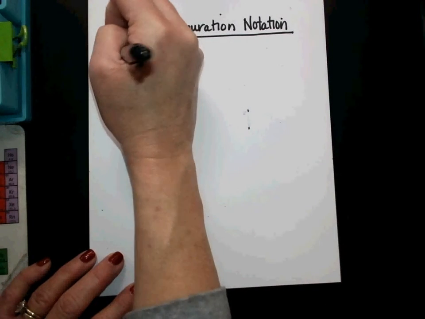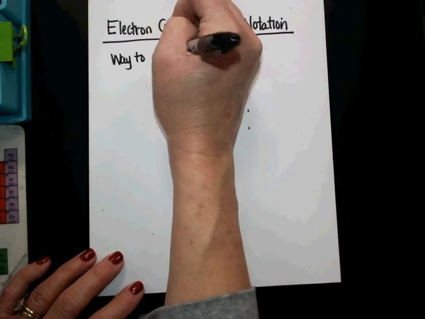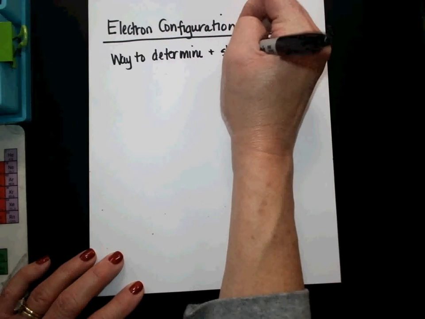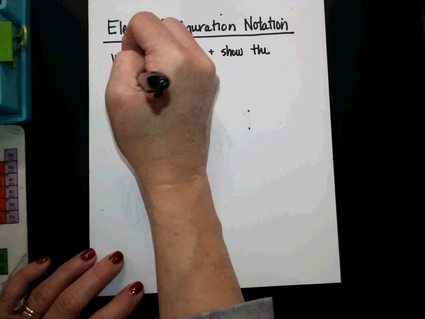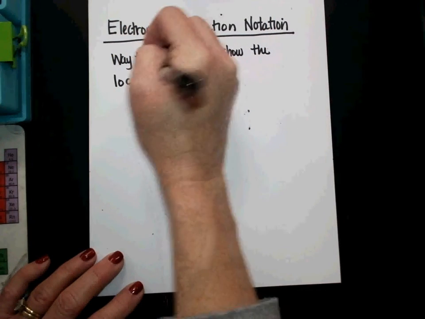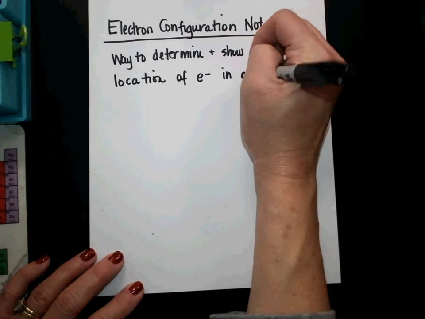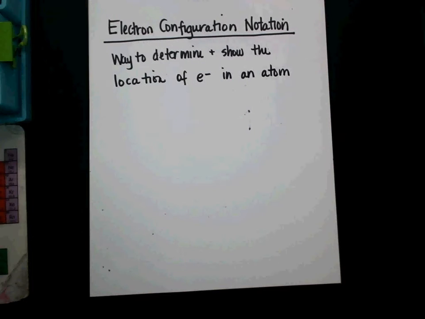With all this information, and this is just a way to determine and show the rotation of electrons in an atom.